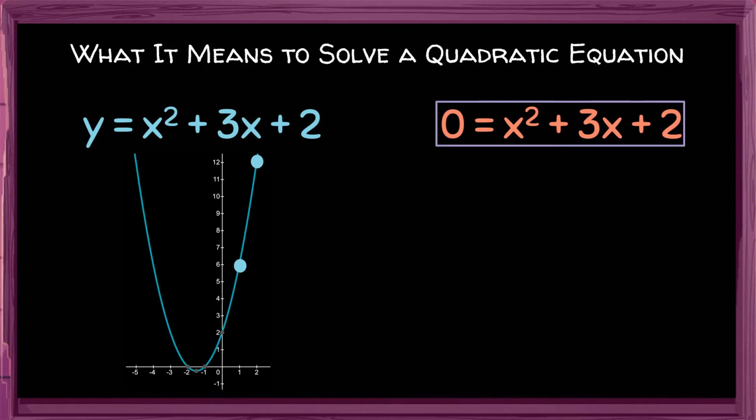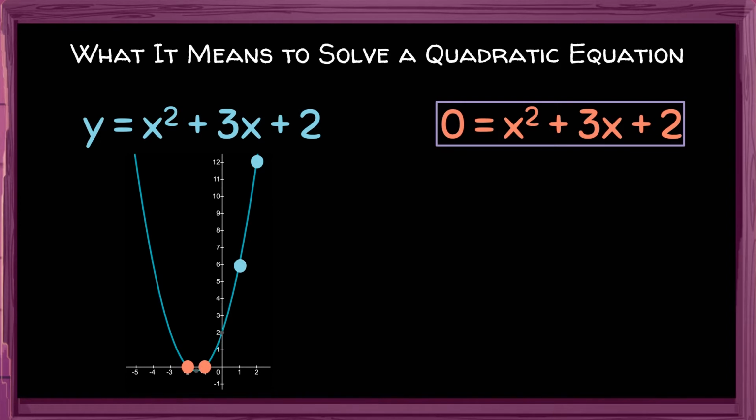And when we do that, almost all of the points on our parabola will not work anymore. For instance, the points we just calculated, 1, 6, and 2, 12, do not work in this second equation. The only points that do still work are the ones where y is 0, and we can see that those points are here and here, our x-intercepts.